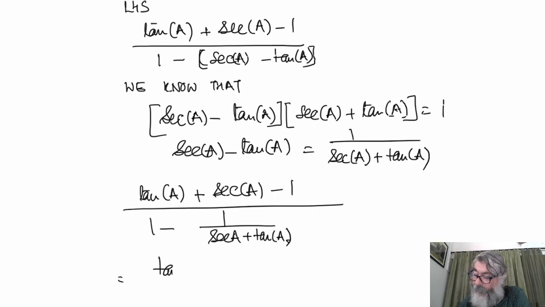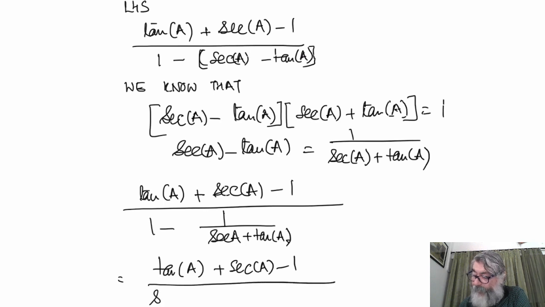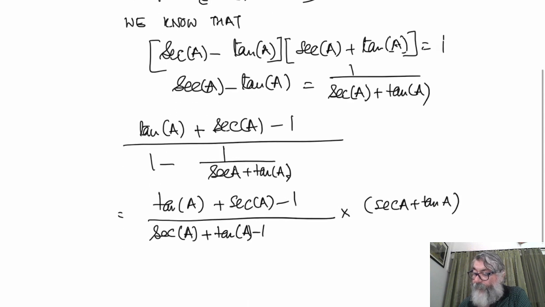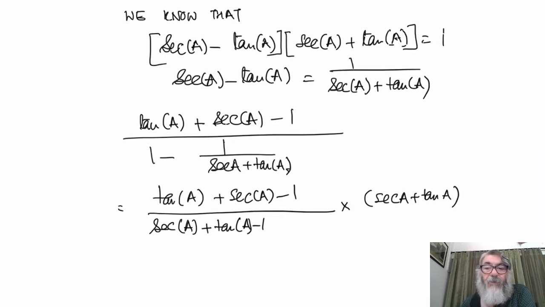It will become tan a + sec a - 1, and when I take the LCM it will become here (sec a + tan a - 1), and this sec a + tan a will come up in the numerator. Do you understand why? Because this was denominator of denominator, so it will come into the numerator.